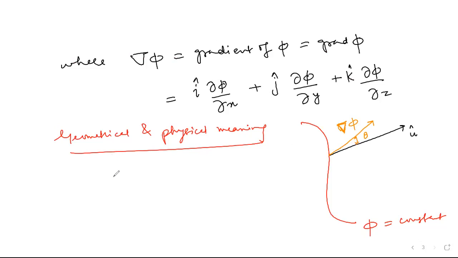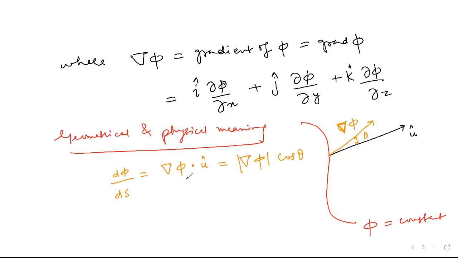Now see, dou phi by dou s is the dot product of del phi with the unit vector. That means if theta is the angle between del phi and the unit vector, you can use the ordinary rules of dot product. It is just magnitude of del phi vector into cosine of theta, because the magnitude of the unit vector is 1.